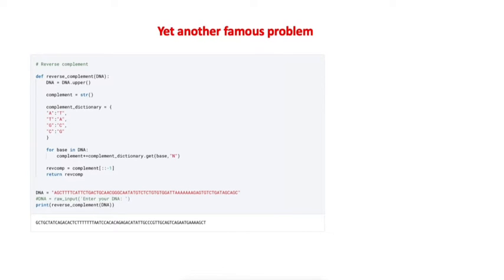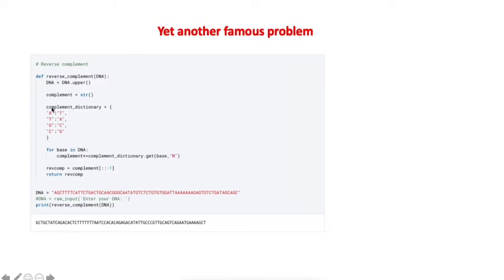Moving on, there's another famous problem, the reverse complement. Once you have a DNA sequence or an RNA sequence, people are usually interested in finding the reverse complement of it. Again, we could create a very simple function, reverse complement, which takes a DNA string and creates a dictionary.